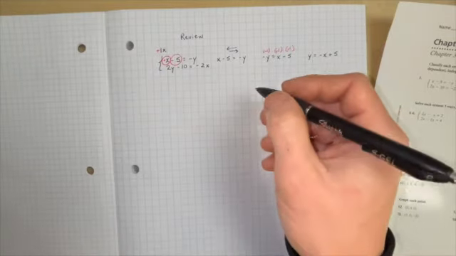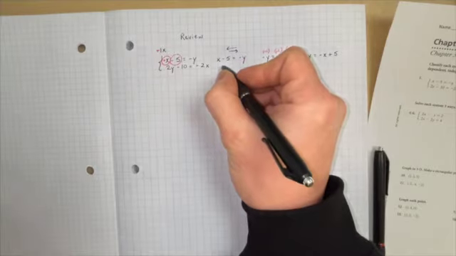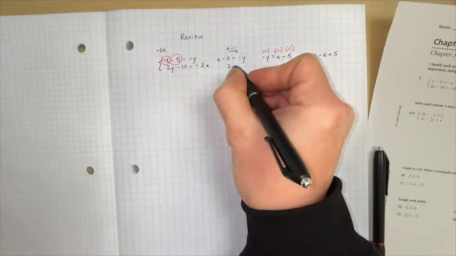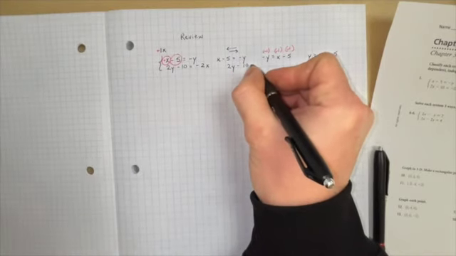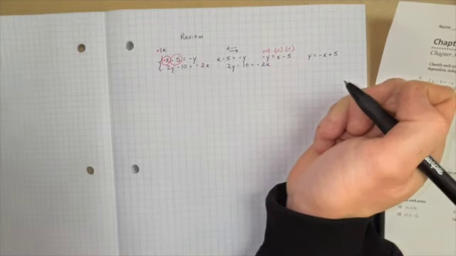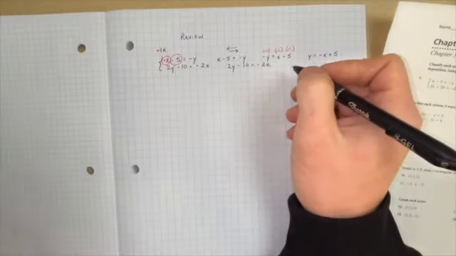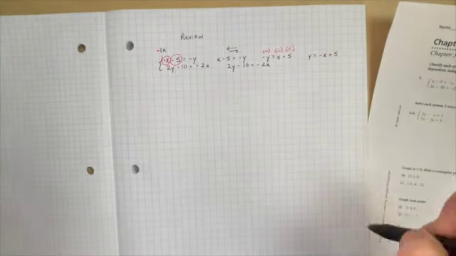Let's try this second one. So I have 2y minus 10 is equal to negative 2x. I want to have it as y is equal to something. So here we'll deal with dividing.